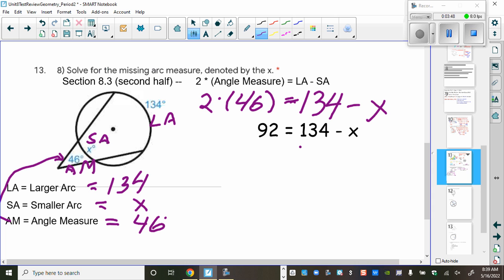So now here's where a lot of you are going to think, we got a problem here. So if we do 92 minus 134, what do we get? Negative 42 equals negative X.